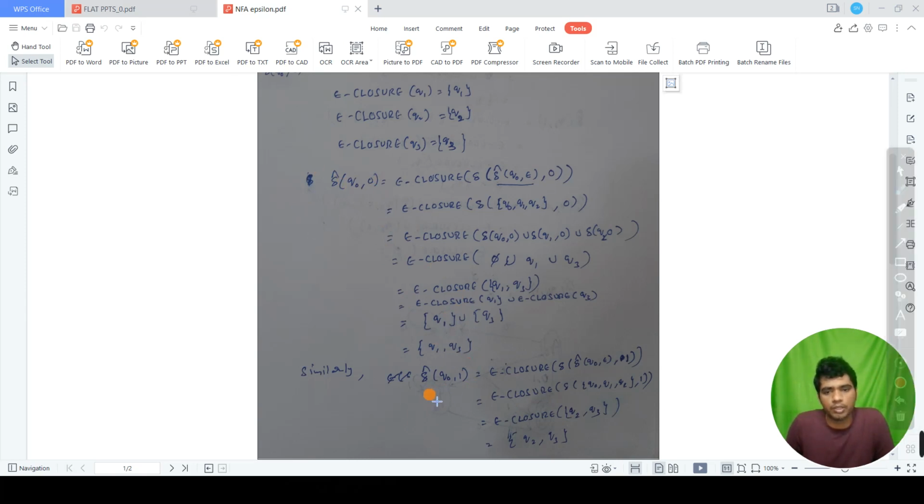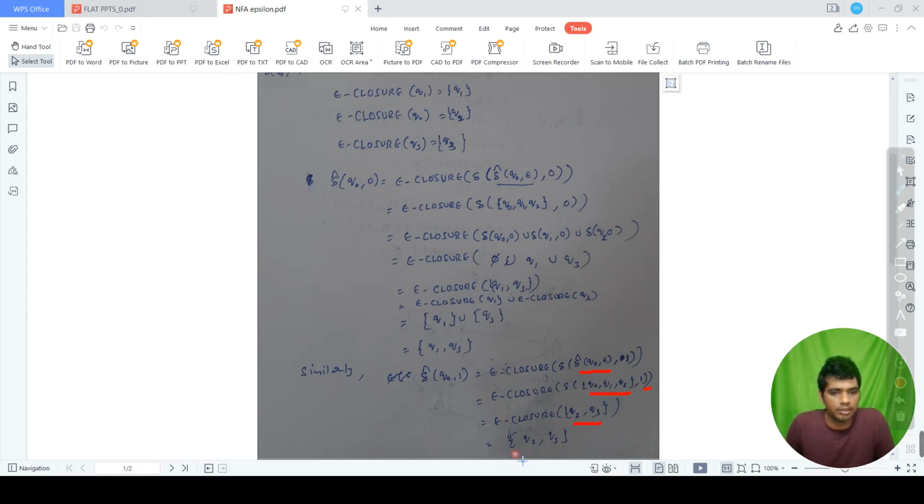Right? Similarly, you compute delta cap of Q naught on 1. So again, three things we have to do. First thing is epsilon closure of Q naught, and then you will get some set of states. On those set of states, you'll apply the input 1 again, and you'll get another set of states, and on these states you apply epsilon closure.